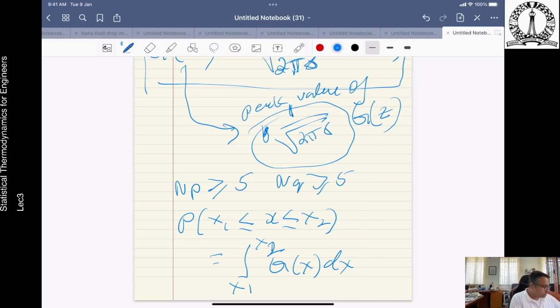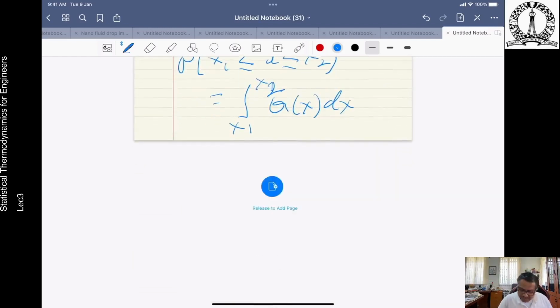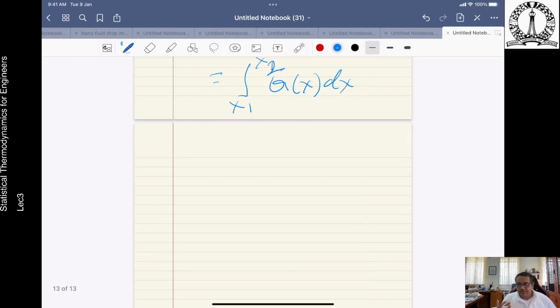Okay. The Gaussian distribution, as you know, is very symmetric. We started with the binomial distribution, and for the Poisson distribution, we saw that p was very small and n was large. Then if you go to Gaussian distribution, your n is large, but your p is still finite to begin with.